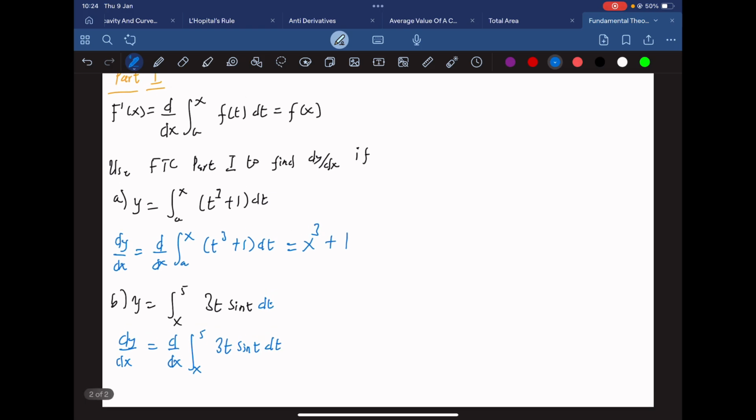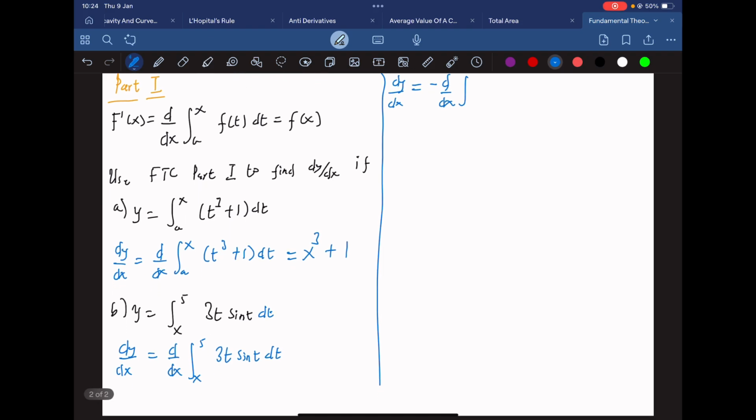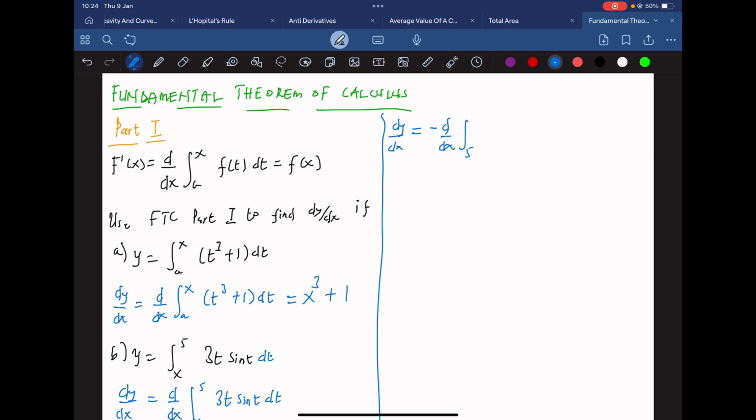Remember the theorem says that this part has to be a constant and this has to be a variable, but you see that it has been interchanged. From our previous video, we know that we can interchange the upper and lower limits, and if we do interchange them, we should have a negative in front. So we have negative d/dx of the integral from 5 to x of 3t sine t dt.